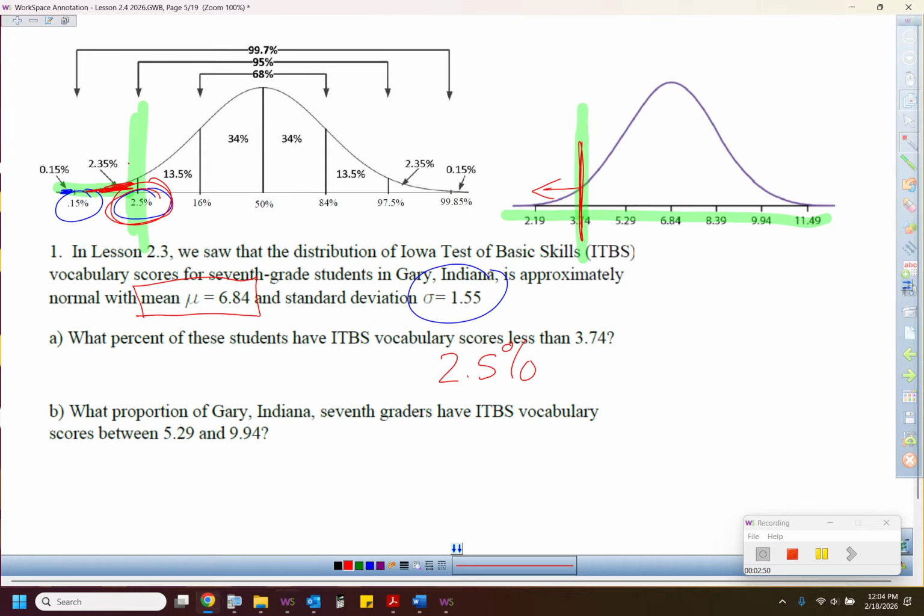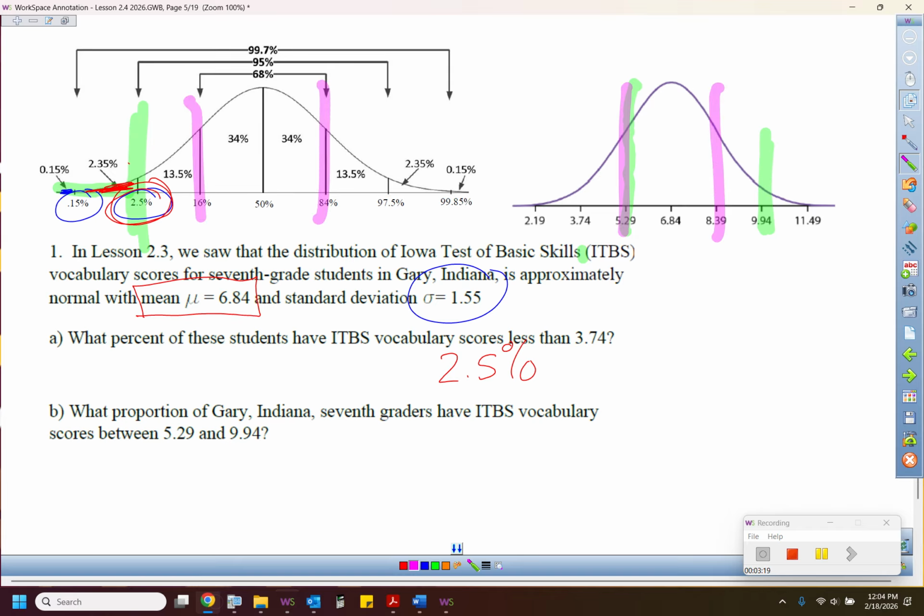Next, the proportion of 7th graders with vocab scores between 9 and 9.9. Check this out. What if I went between these two pink ones right here? That is one standard deviation from the mean on each side, which is 34 plus 34, so 68% of the data would probably fall in there.